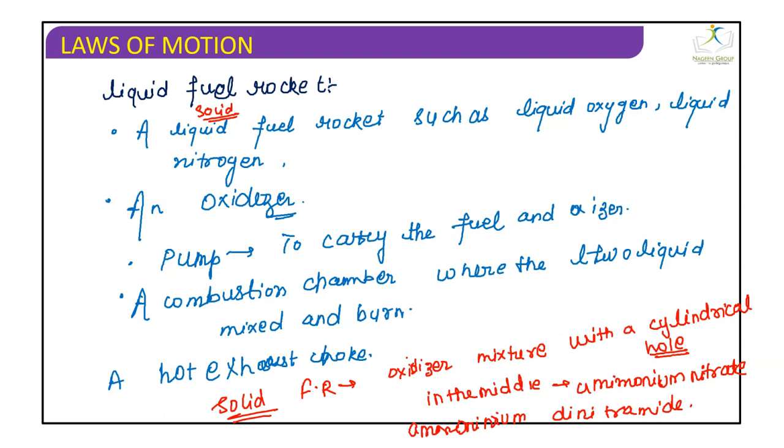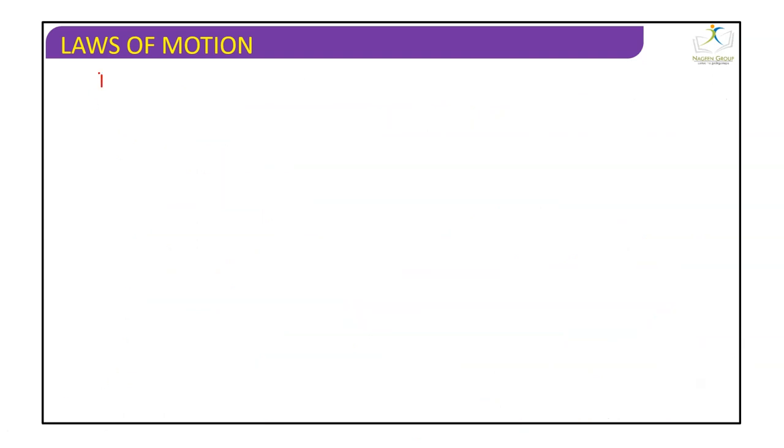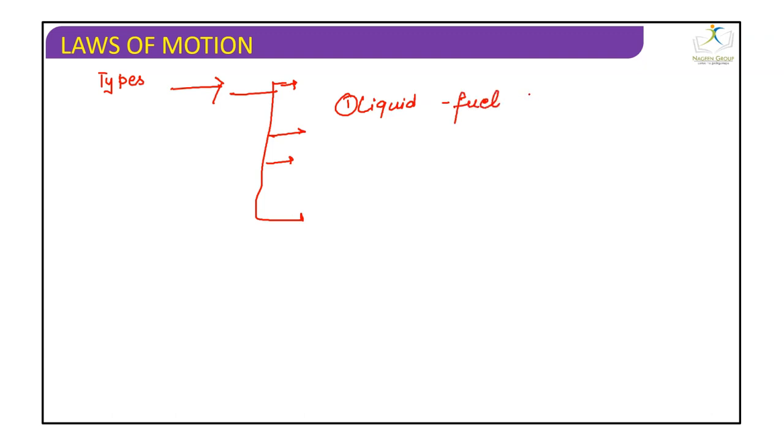Types of rocket propulsion, as I told you. We have basically three, and one or more we can add. First one is liquid fuel chemical propulsion.